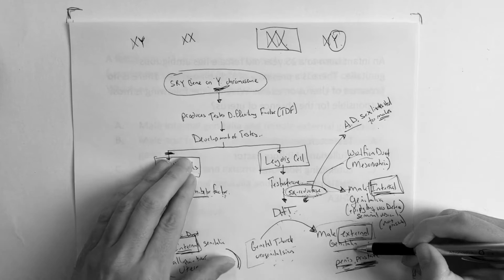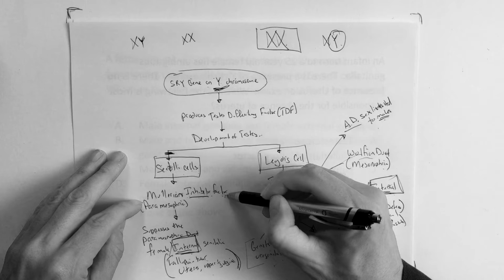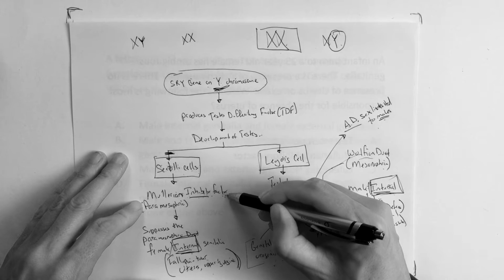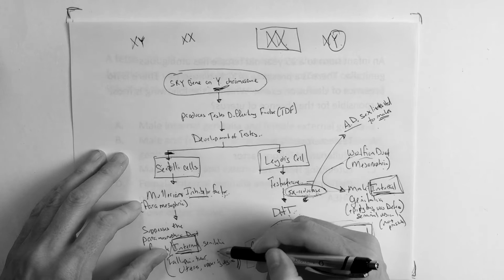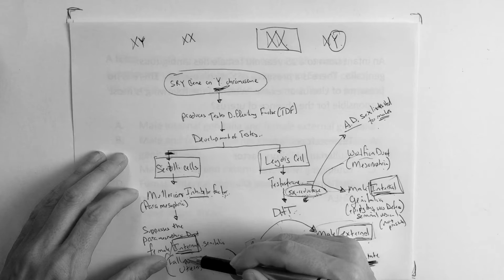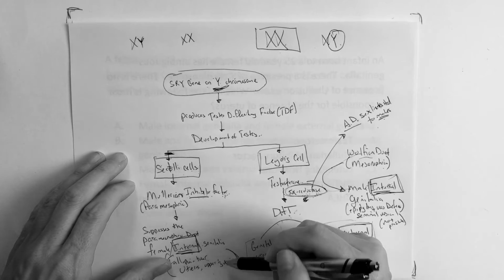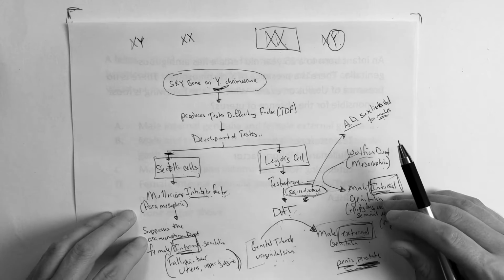But what's going to be my problem? My problem is I don't have the Sertoli cells to produce the Mullerian inhibitory factor, and therefore, what's going to happen? Well, I'm going to develop some female internal genitalia. So I'm going to have some fallopian tubes, uterus, upper third of the vagina, so a little bit of a mix that we shouldn't have.